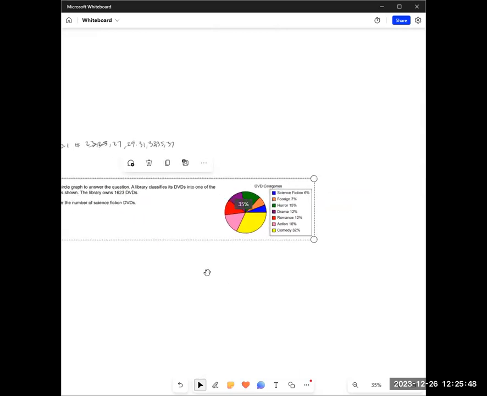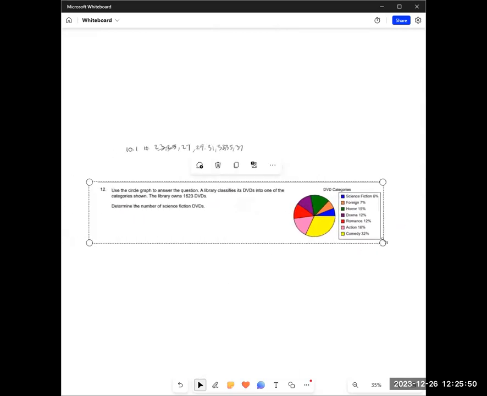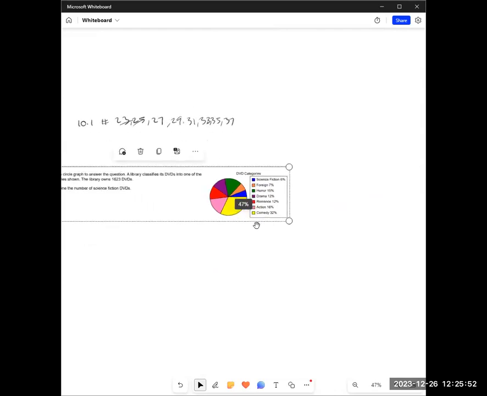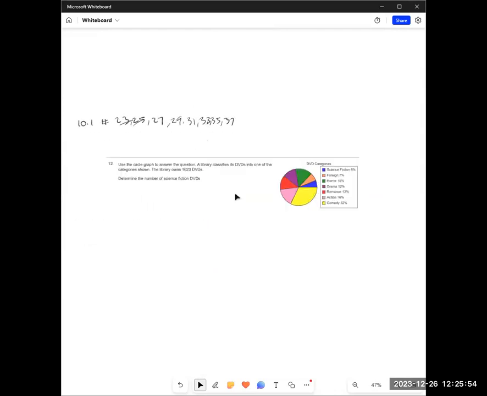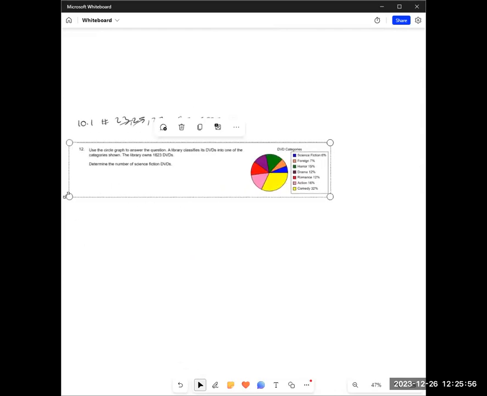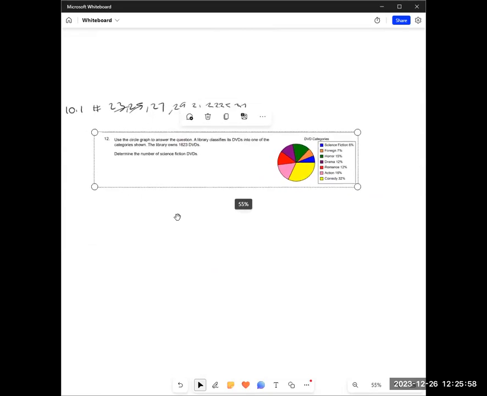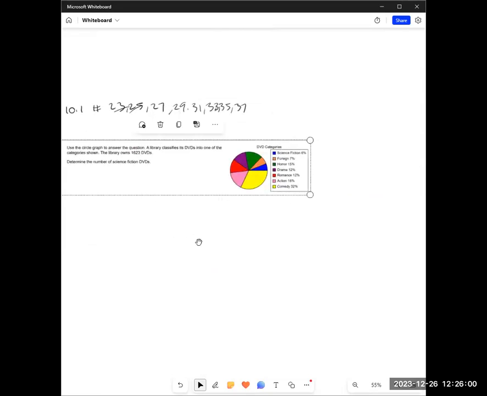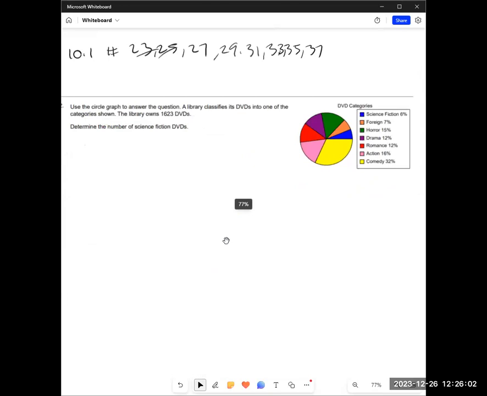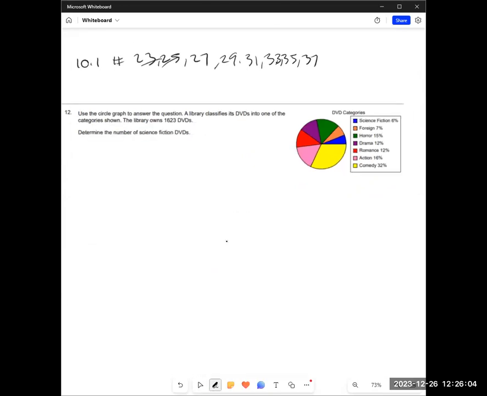Zoom in here a little bit. We just finished 27 and we're on 29 right now.